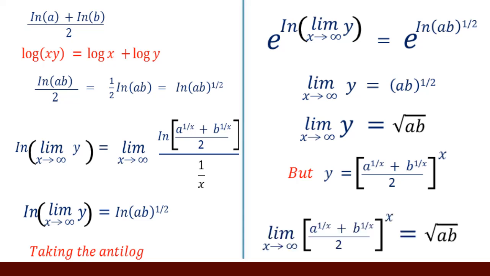So that means we have limit as x approaches infinity of a raised to the power of 1 over x plus b raised to the power of 1 over x all over 2 all in bracket raised to the power of x is equal to root AB. Yes, we have proved. Hence proved. So this is very simple.